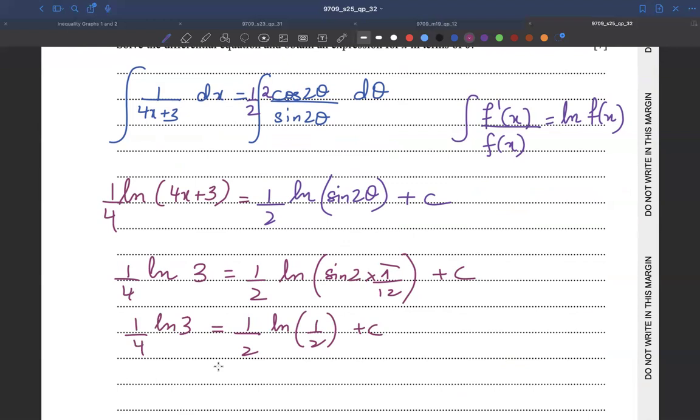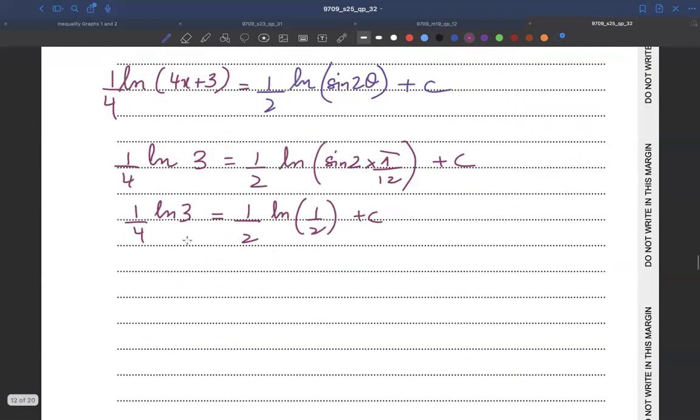Now simplifying this, we can write it as 1 upon 4 ln of 3 minus 1 upon 2 ln of 1 upon 2 equals to positive c. Now, once we have this value, we can simplify it as well. We can bring this 2 in the numerator as well and write it as 2 to the power minus 1.